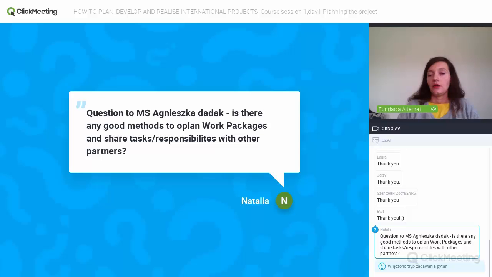And the good solution is that each work package would have a person or an organization responsible for delivering it. The share of responsibilities needs to be agreed among the partners. It needs to be clear who is responsible for what. If this is done, there is clarity about the job to be done. I hope it was fine.